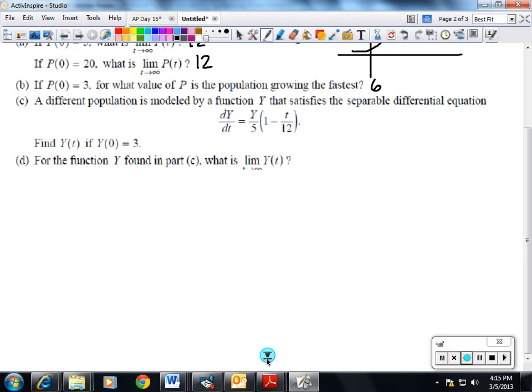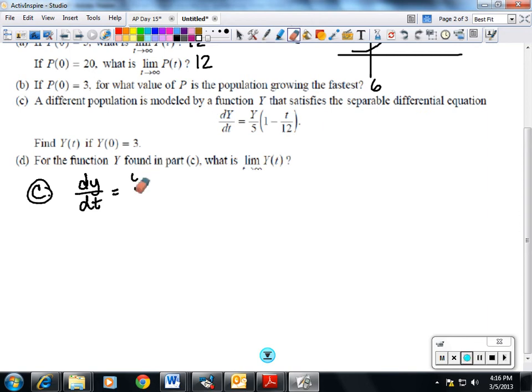Now part C, this is where some of you are going to have trouble. It says a different population is modeled by a function y that satisfies the separable differential equation dy/dt = (y/5)(1 - t/12). Find y of t if y of 0 is 3. Okay, so I need to separate and integrate.